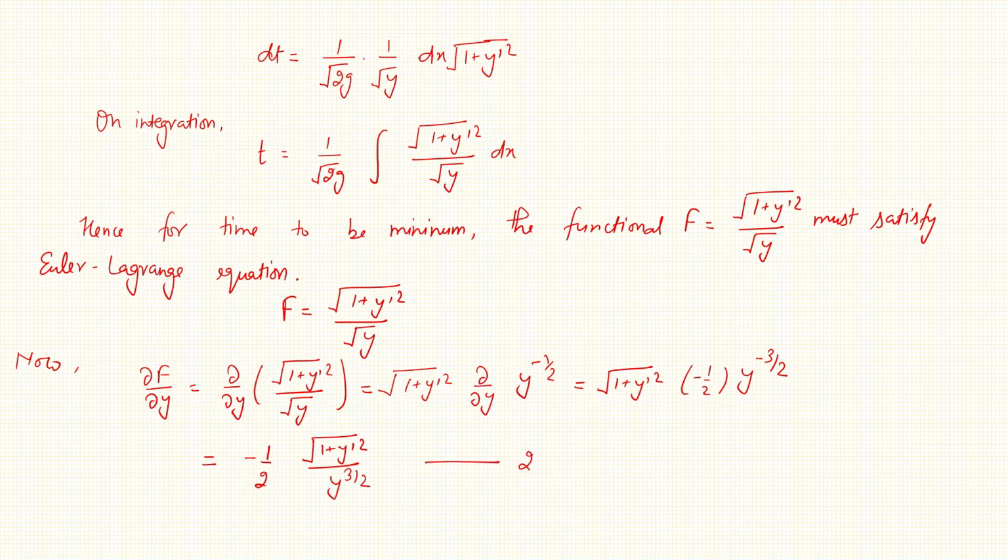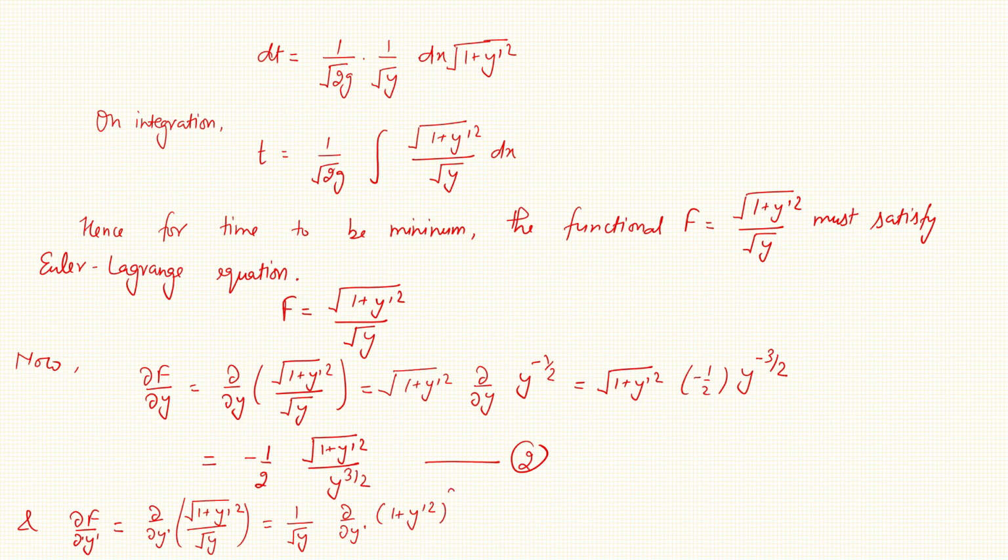Let us say question number 2, ∂f/∂y′ will be ∂/∂y′ of √(1 + y′²) divided by √y. The term of y will be treated as constant, then it will be 1 upon √y ∂/∂y′ of (1 + y′²) to the power 1/2.